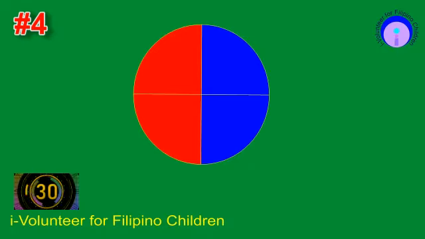Item number 4. Is your denominator odd or even? You still have 5 seconds to finish.